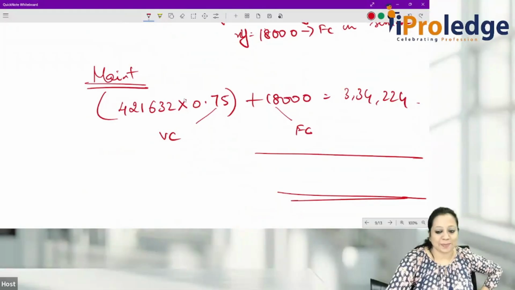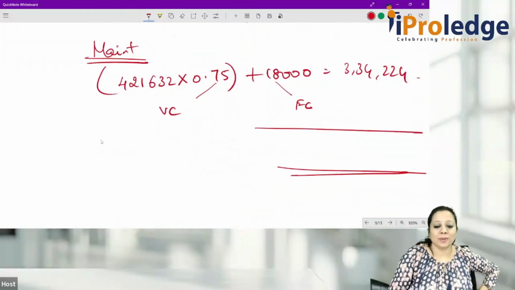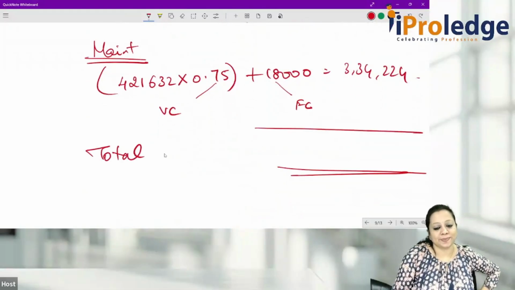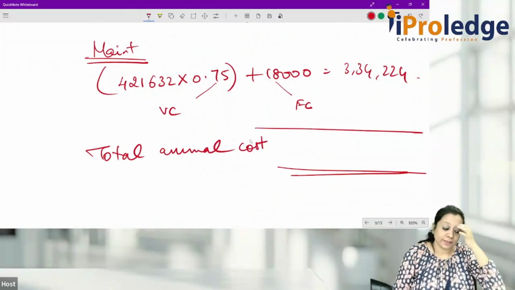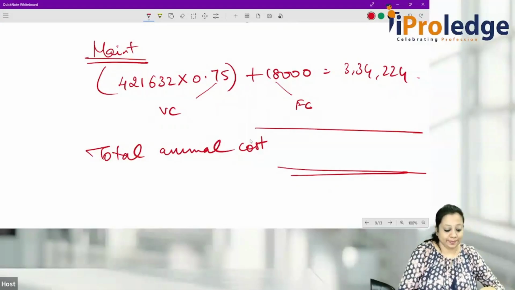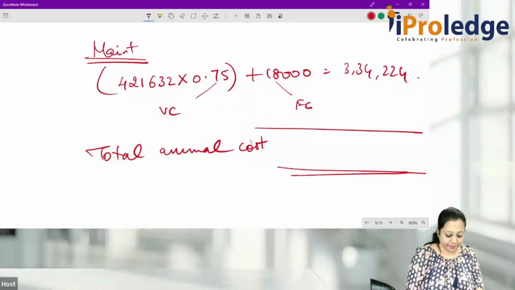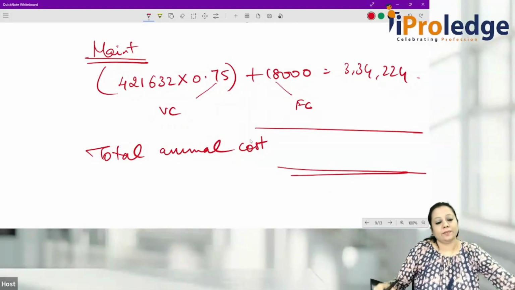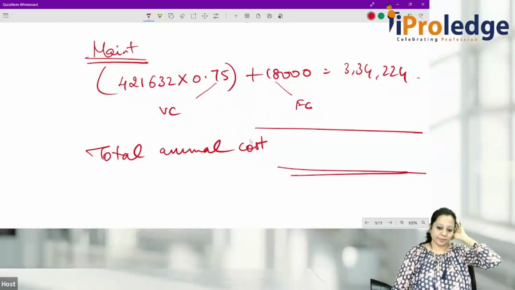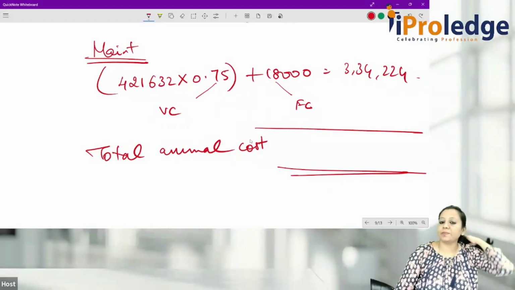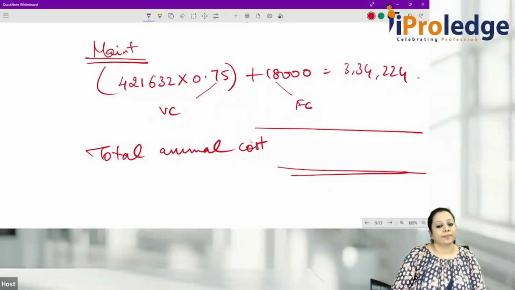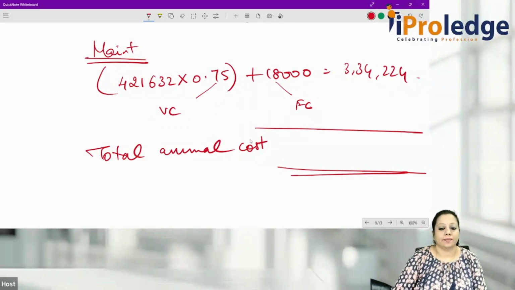You write down here. Now we will do the total annual cost. All of you, please compute the totals now.